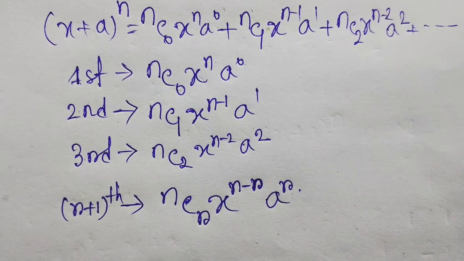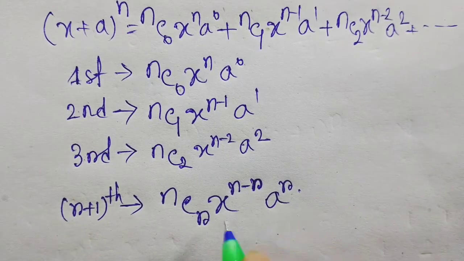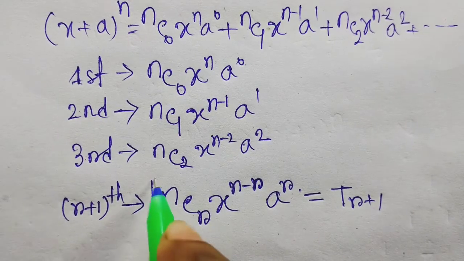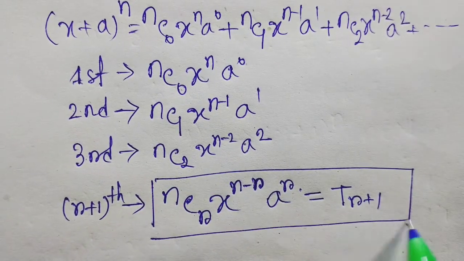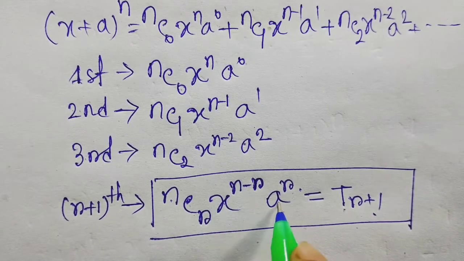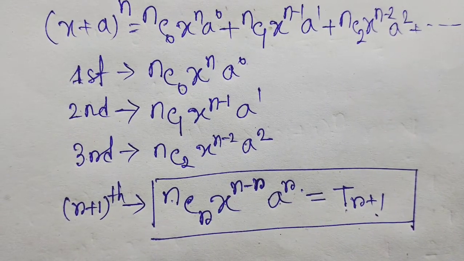You have to remember it as t r plus 1. So the general term of the binomial series is t r plus 1 equal to ncr x to the power n minus r into a to the power r.